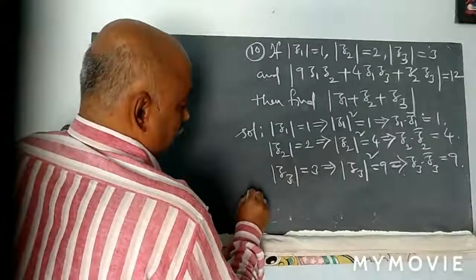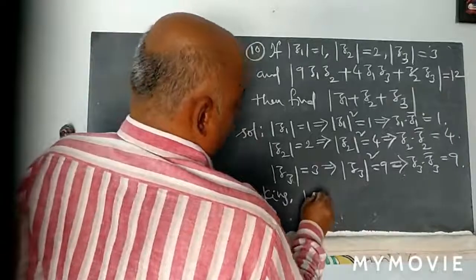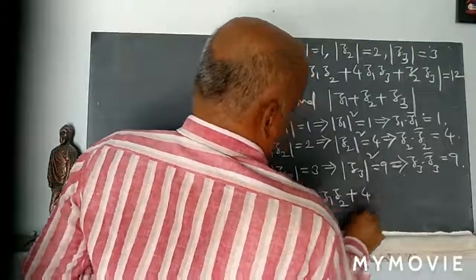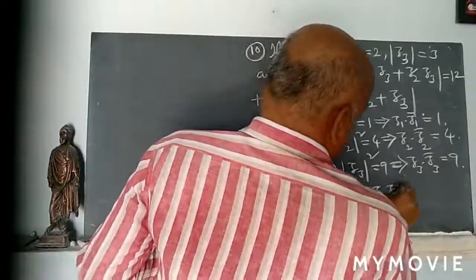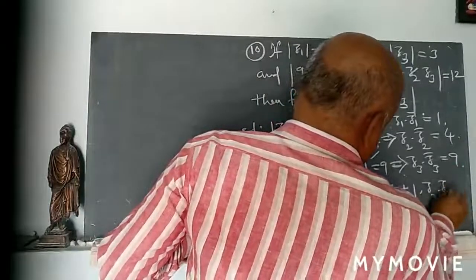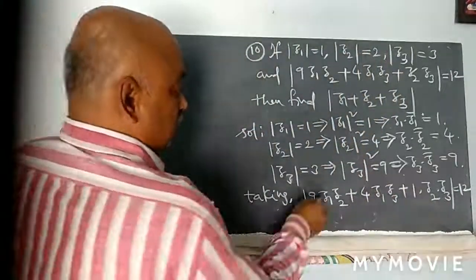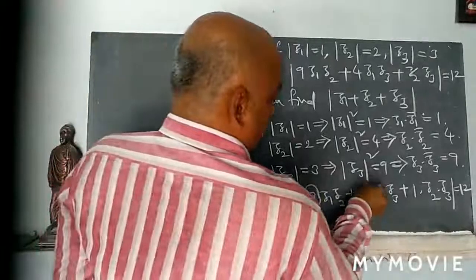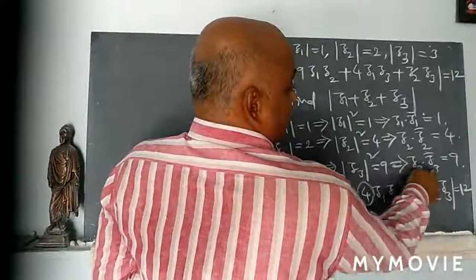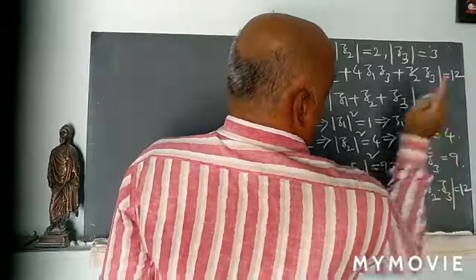So now taking |9 z1 z2 + 4 z1 z3 + 1 into z2 z3| = 12. In the place of 9, in the place of 4, in the place of 1, substitute z3 bar, z2 bar, z1 bar, that is 9, 4, 1.